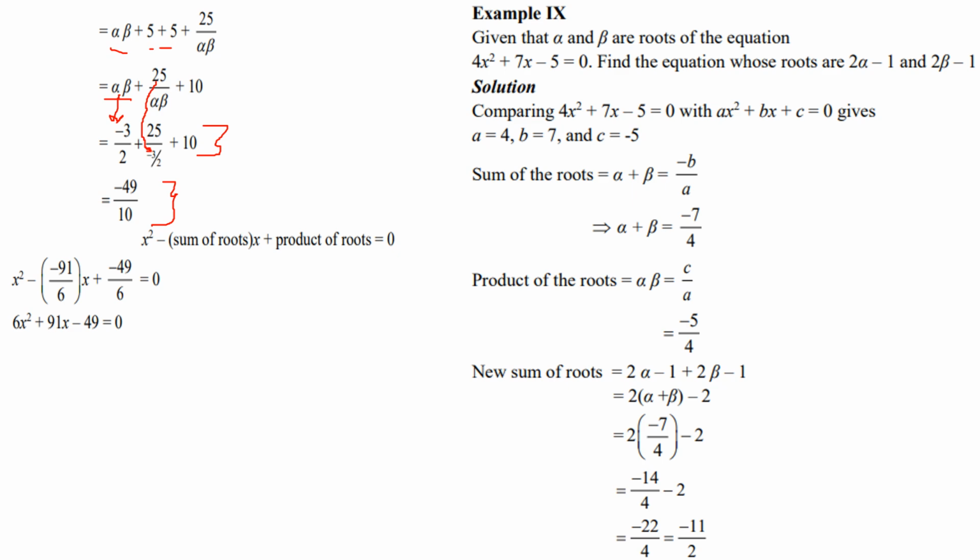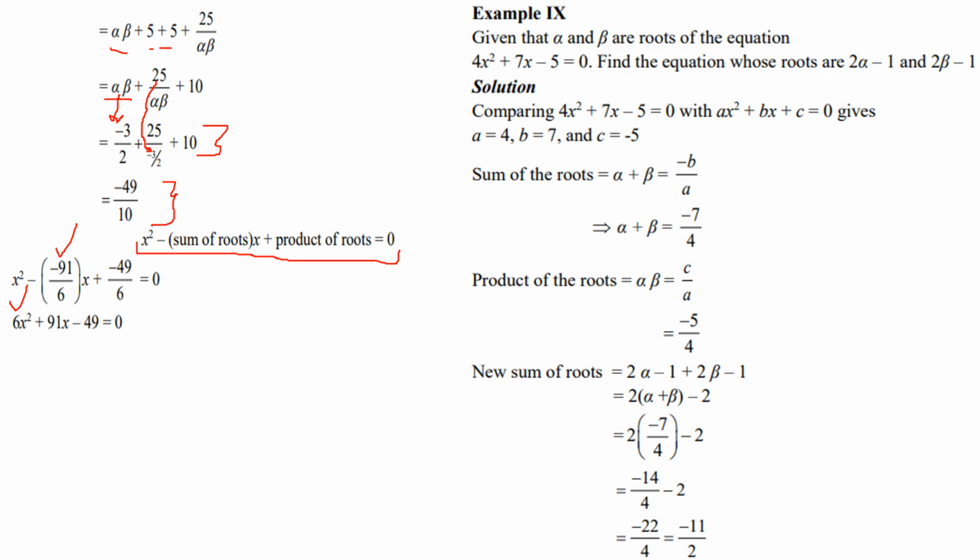And then this is your formula for finding an equation of quadratic roots, which is always given by x squared minus sum of roots times x plus product of roots being equal to 0. So what you have to do is to substitute. Your x squared is here. Your sum of roots, you got it as negative 91 over 6.